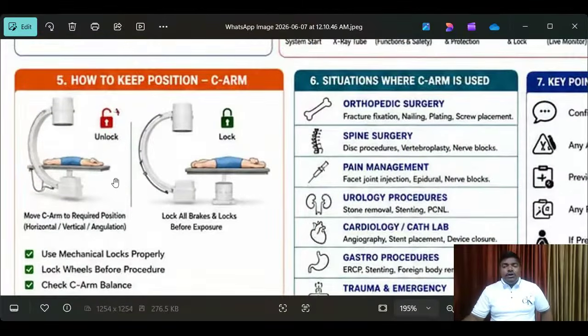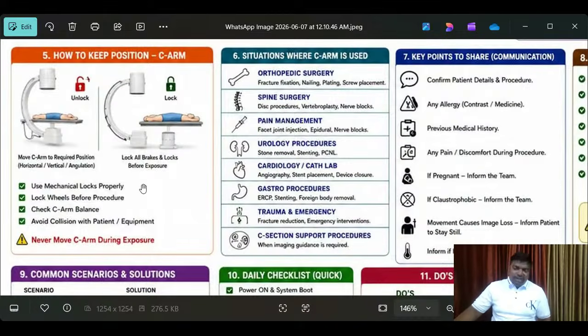Collisions mean sometimes the equipment will move and rub. Then what will happen? The doctor will do procedures on bones and everything, and if any movement happens, it will injure the patient. So that's why everything should be done carefully before doing the functions.